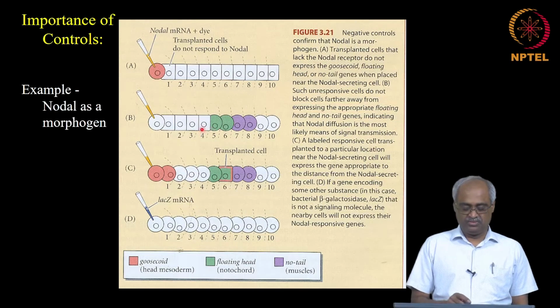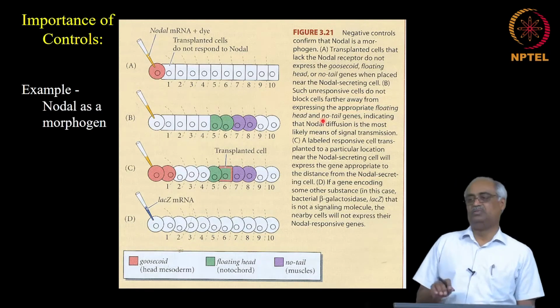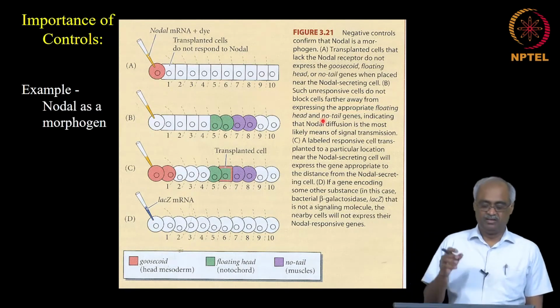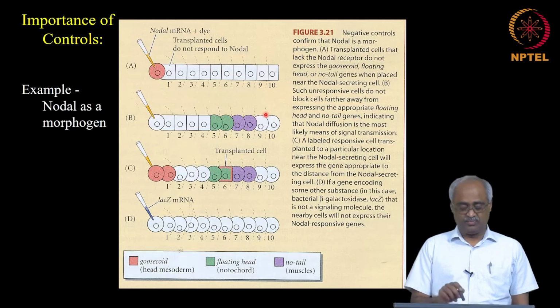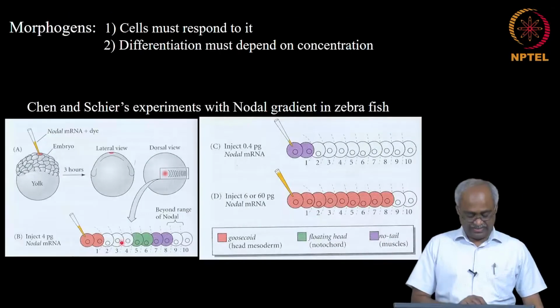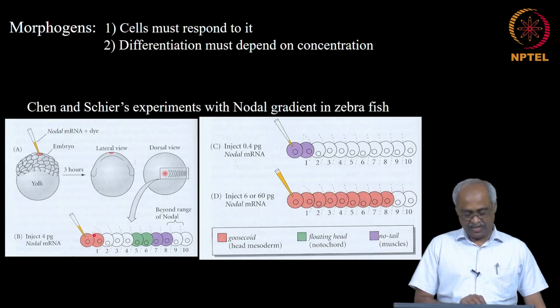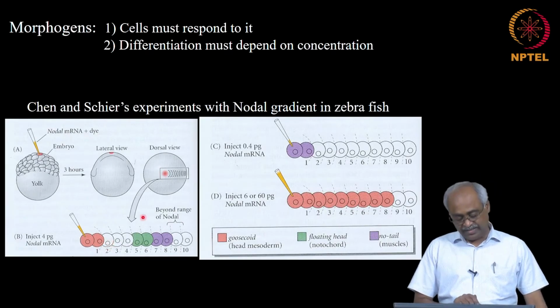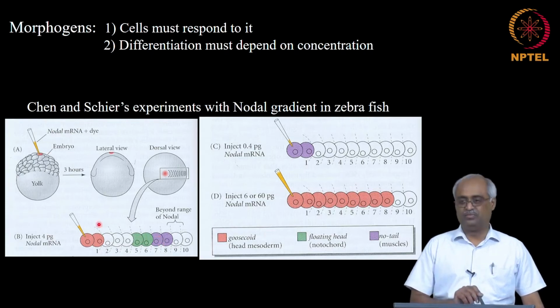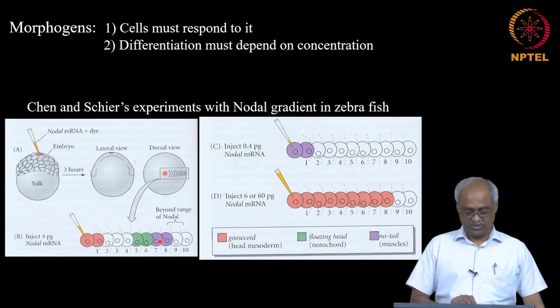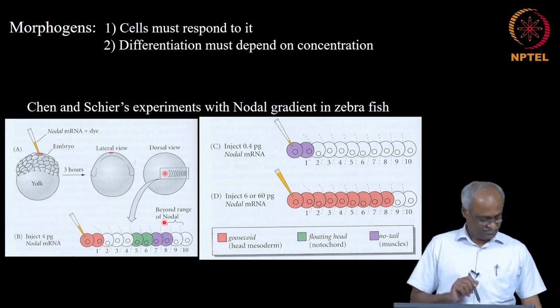And now, if it is only diffusion of the morphogen and not adjacent cells, like for example, this cell underwent some developmental alteration of its gene expression, and that in turn made this white, that in turn made this green, and that in turn made blue. Then if I replace them with a different kind of cells, then this should become blue or purple.